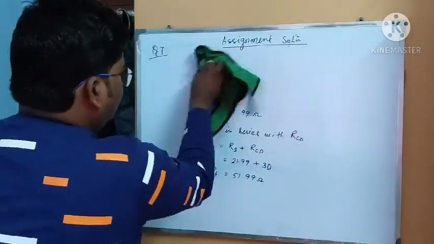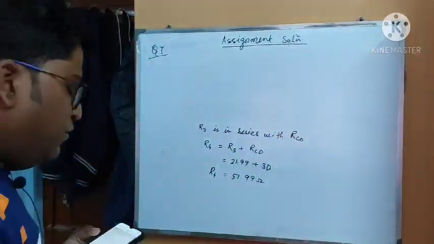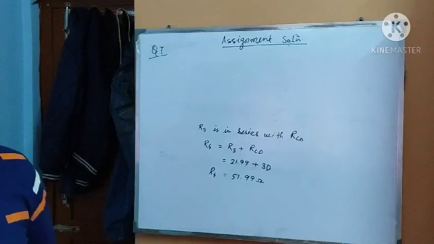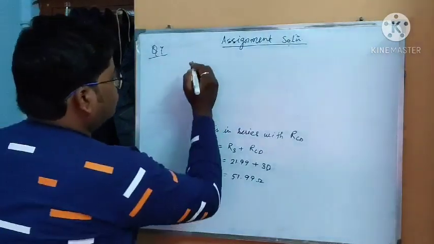Okay, now this R4 is in parallel with the resistance present in between D and E, and this is nothing but the total resistance, or this is the final combination. Only one resistance is remaining, that is in between D and E, and the value of the resistance in between D and E is 50 ohm. Okay, so this is the last combination.